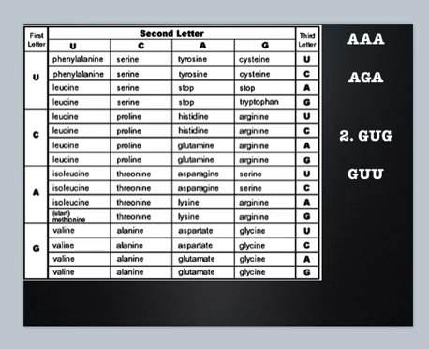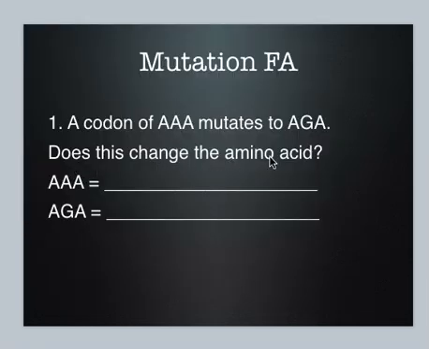And in your notes, does this change the amino acid? Yes, it does. So if this mutation was in a gene, it would change an amino acid, which then may very well make that gene not work anymore. Whatever it's supposed to do, it doesn't do it.